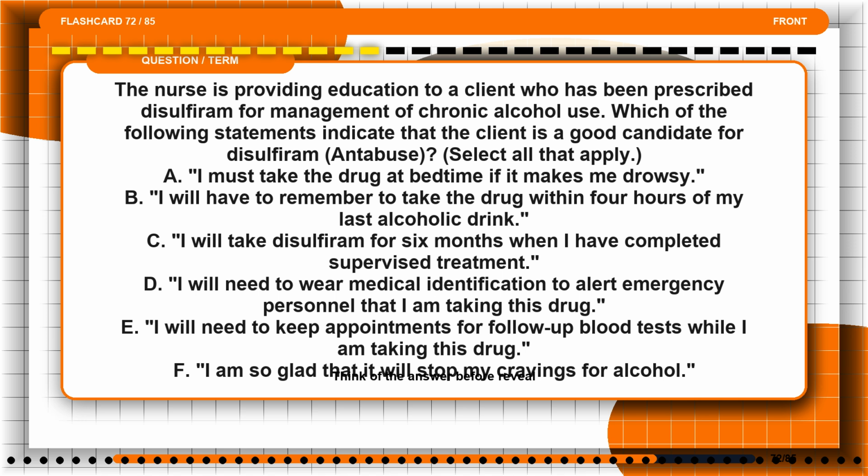C. I will take disulfiram for 6 months when I have completed supervised treatment. D. I will need to wear medical identification to alert emergency personnel that I am taking this drug. E. I will need to keep appointments for follow-up blood tests while I am taking this drug. F. I am so glad that it will stop my cravings for alcohol. Think of the answer before the reveal.